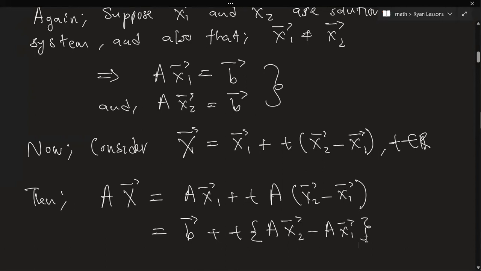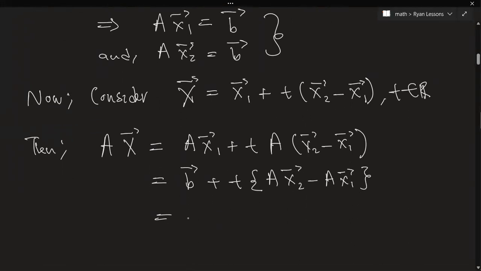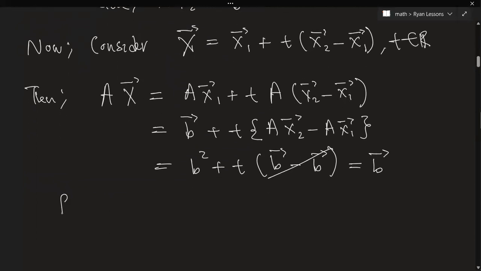Yes, we know that the two vectors X2 and X1 are quite different. But what do we know? We know that AX2 will give us B, and we know that AX1 will give us B. So this will vanish, and the only thing that remains is just B. So finally, what have we achieved? We see that A times big X gives us B again. So what conclusion can you make from that?